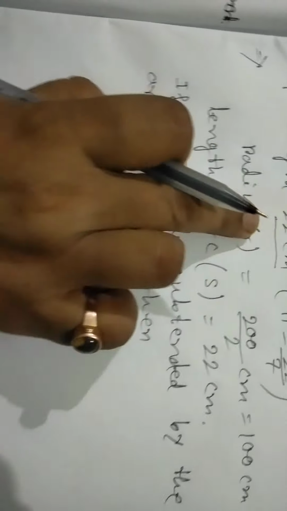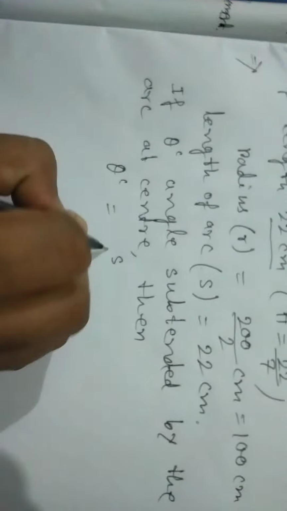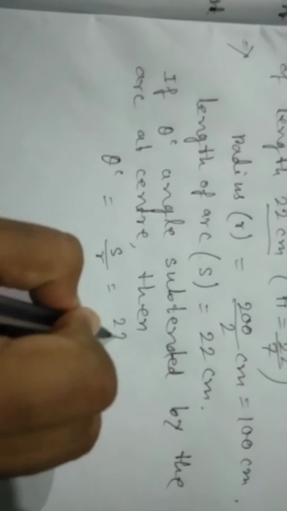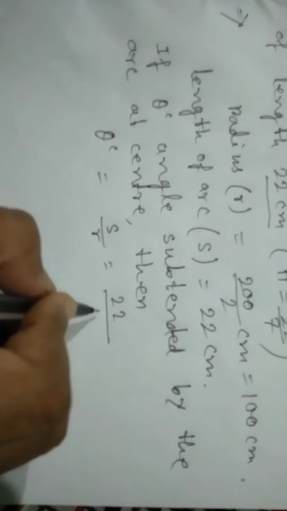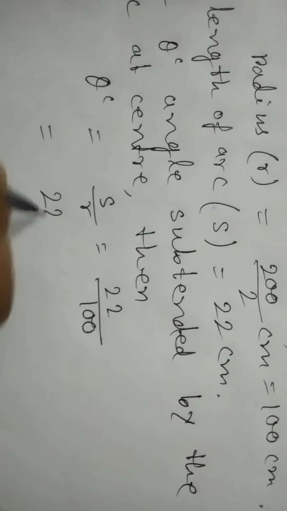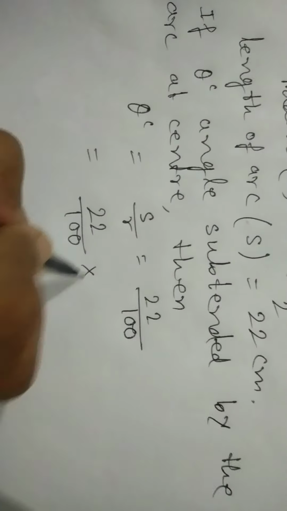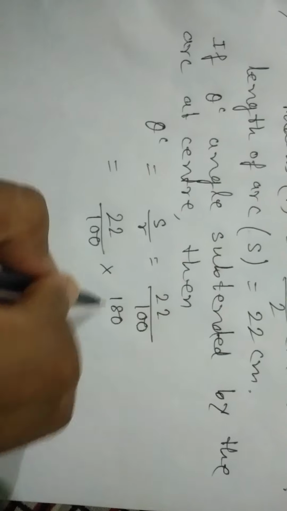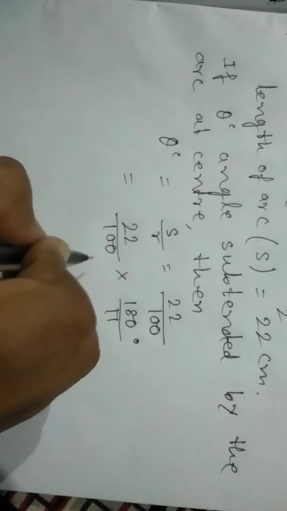Length of arc by radius, that is S by R, that is 22 by 100. It is theta radian angle, but you have to convert it into degree. So to convert into degree, what we have to do? We have to multiply by 180 by pi, it is degree.